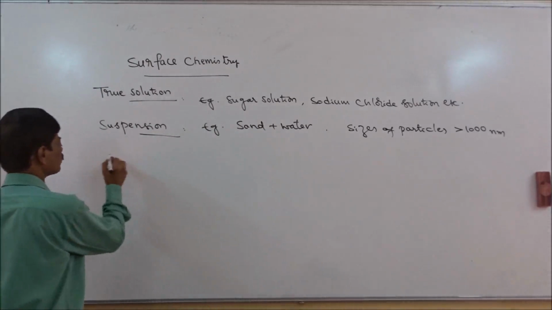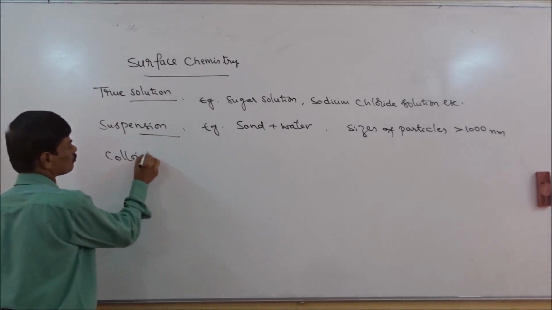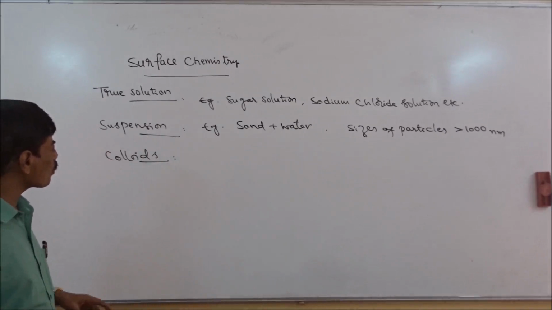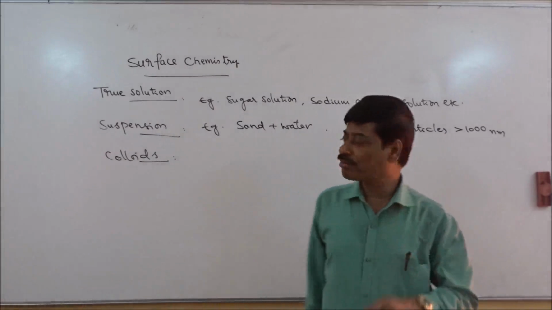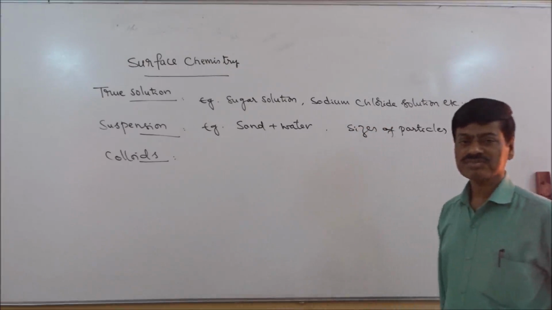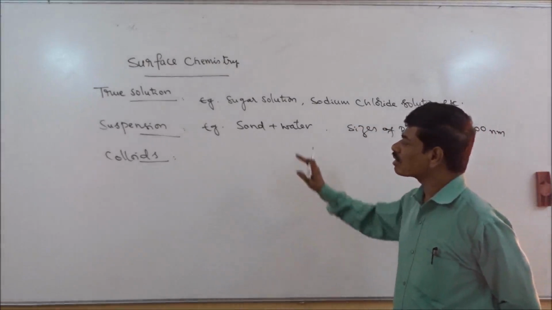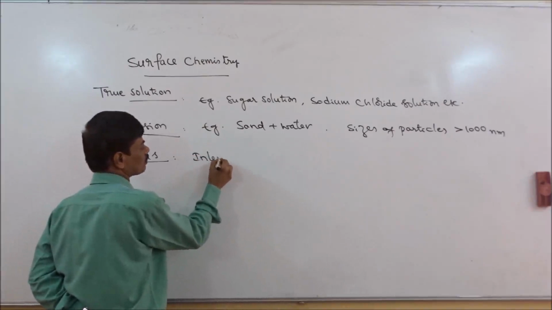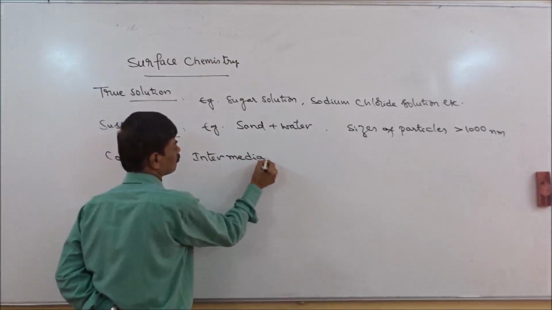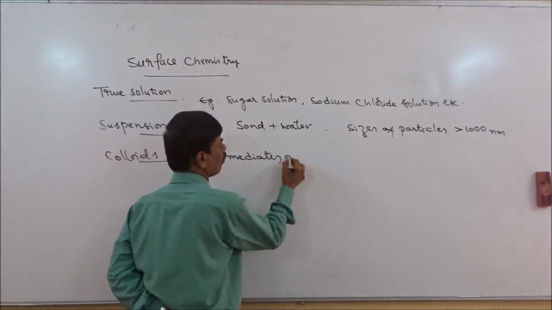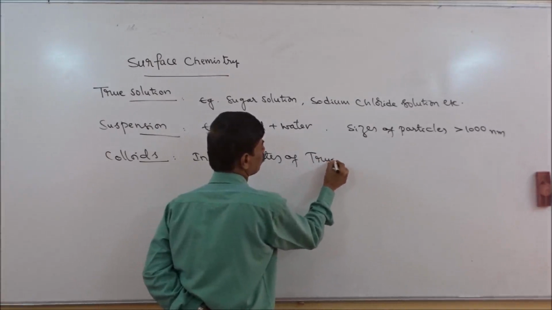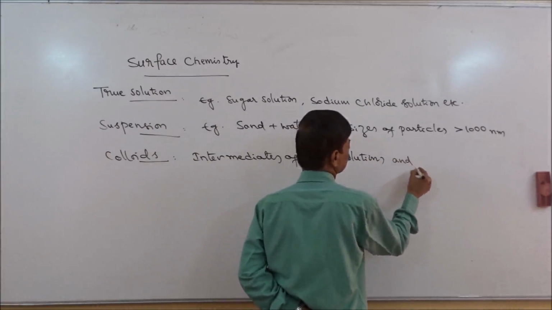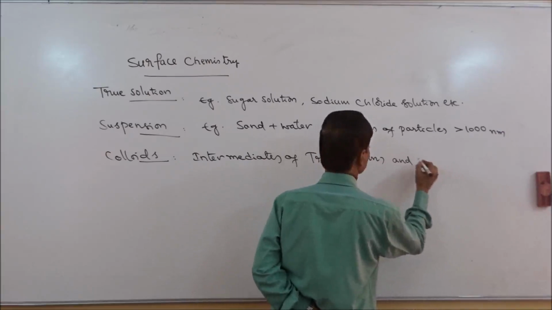Now we will move to colloids. In the case of colloids, particles are bigger than the particles of true solution and smaller than the particles of suspension. So we can say colloids are intermediates of true solutions and suspensions.